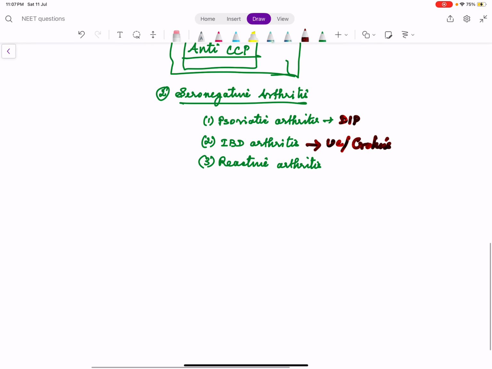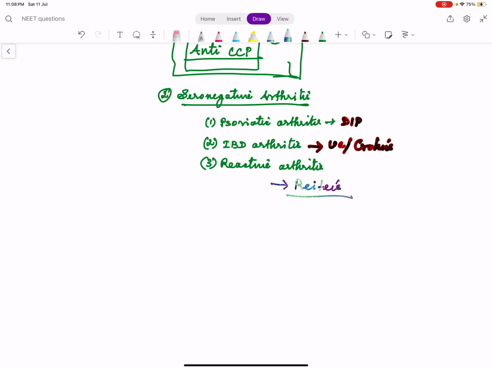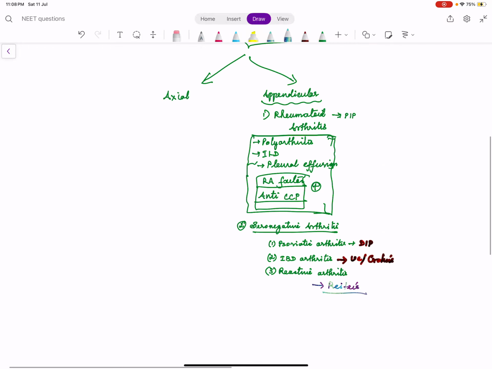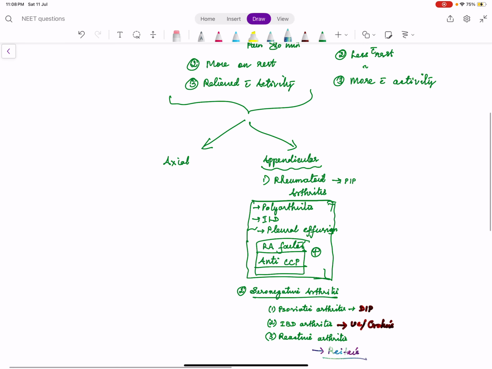Reactive arthritis, the patient will be usually normal; they would have had a fever or UTI in the past. Our famous Reiter syndrome, the triad of polyarthritis, conjunctivitis and UTI, is also a reactive arthritis. So psoriatic arthritis, IBD arthritis and reactive arthritis are appendicular variants of seronegative arthritis.